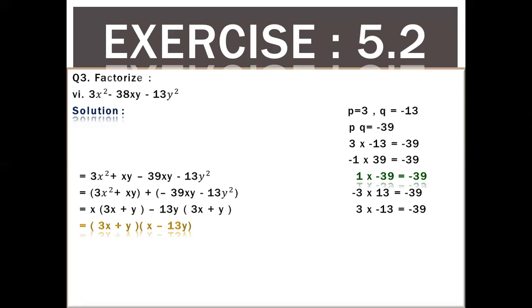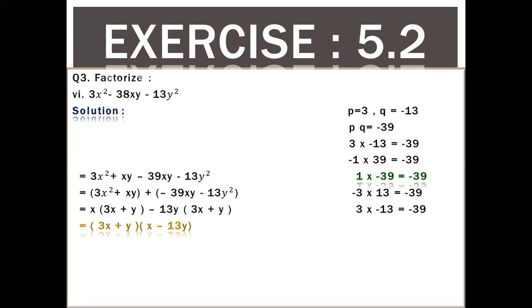You make all the possible factors of this, and only one factor will be the answer. It is not possible that 2 or 3 factors satisfy the equation. Remember this. 1 into minus 39 is minus 39. When you add 1 and minus 39, you see that minus 38 is the answer.